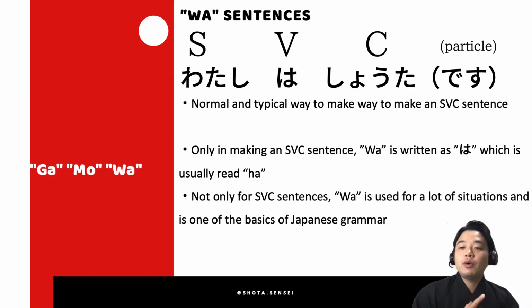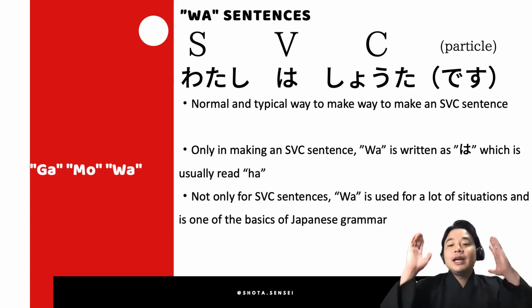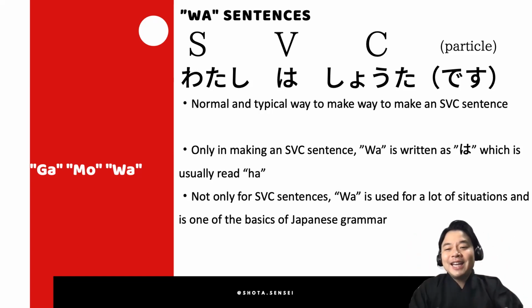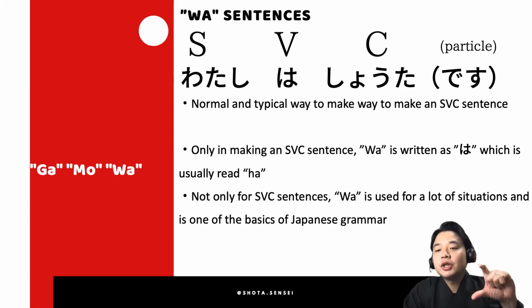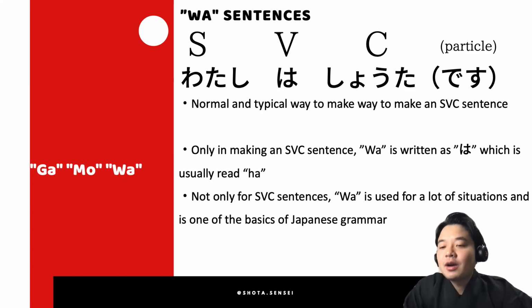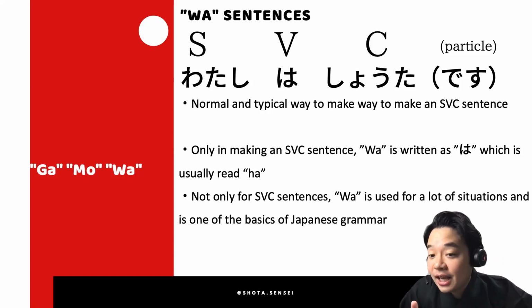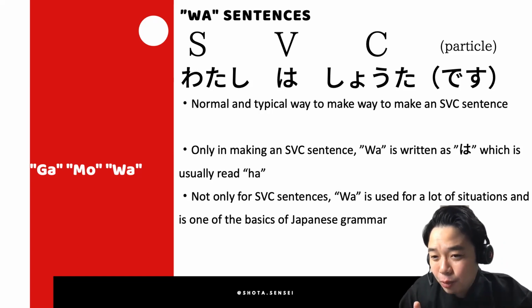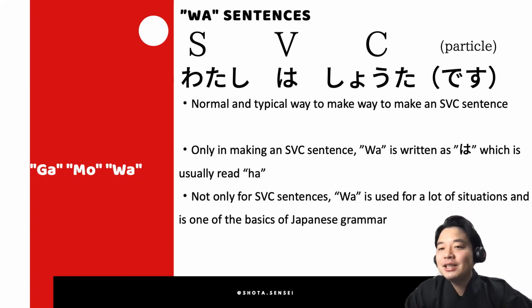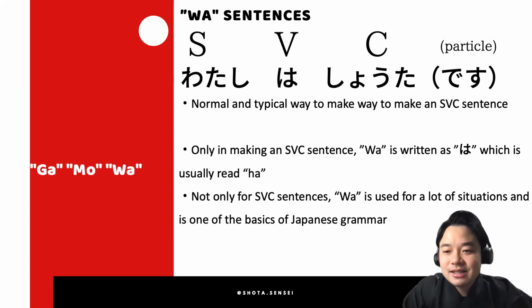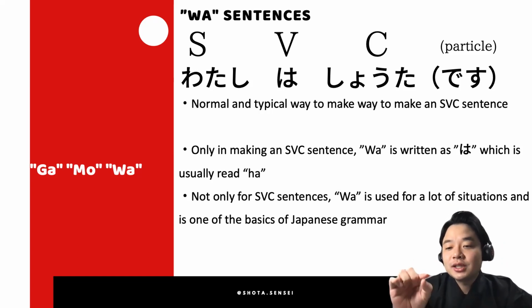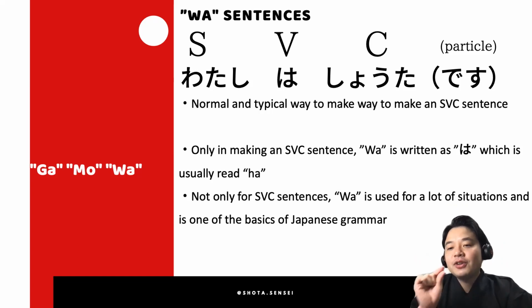However, what's special about Japanese grammar is that depending on the particle at the end of each sentence, you can adjust the politeness of your sentence. All right. Again, once again, this is really important. Depending on the particle at the end of each sentence, you can adjust the politeness of your sentence.